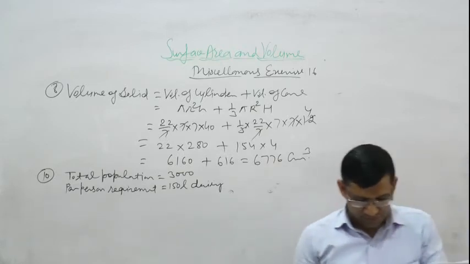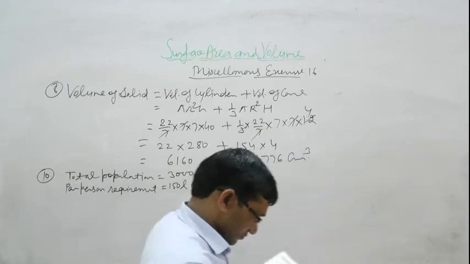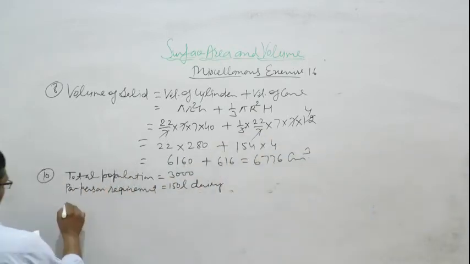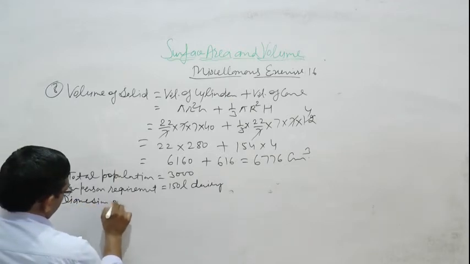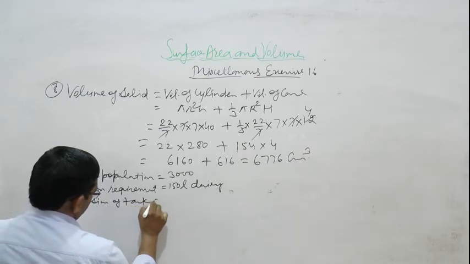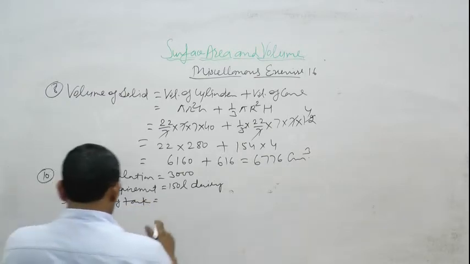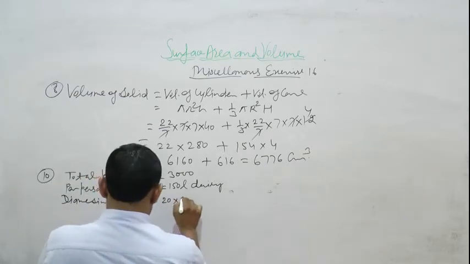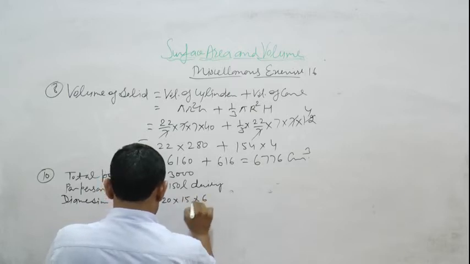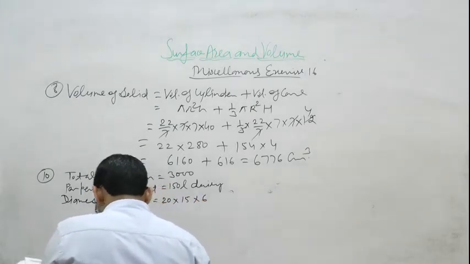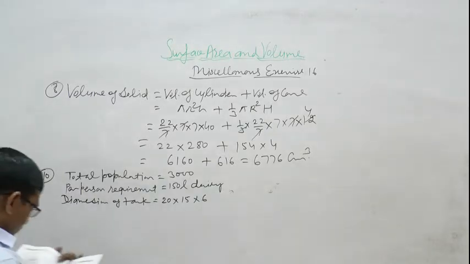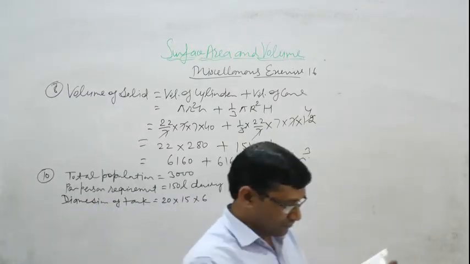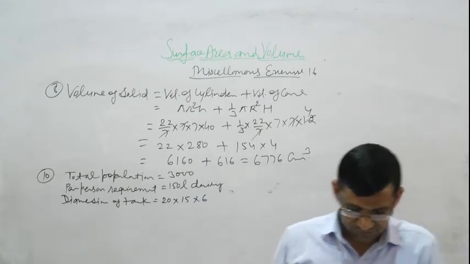There is a tank of dimension 20 meter multiply 15 meter multiply 6 meter in village. For how many days water of this tank will sufficient?